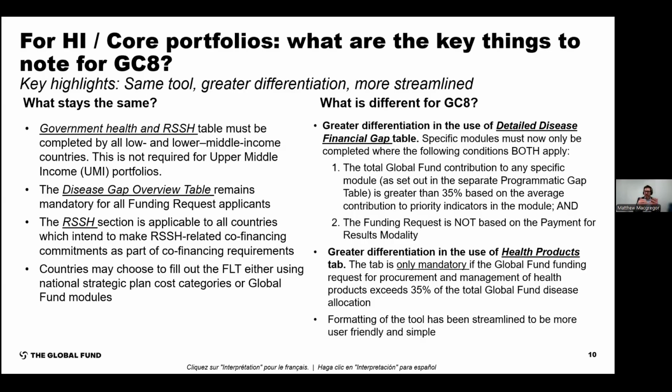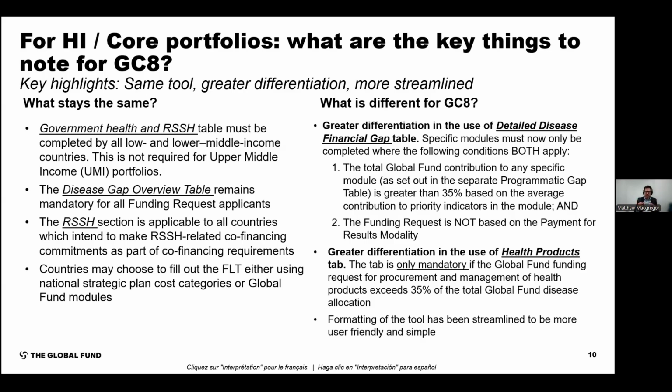And in GC8, there is now more flexibility in how to use that table. So specific modules within that table only need to be completed where the total Global Fund contribution to any specific module is greater than 35%, and where the funding request is not based on the payment for results modality.